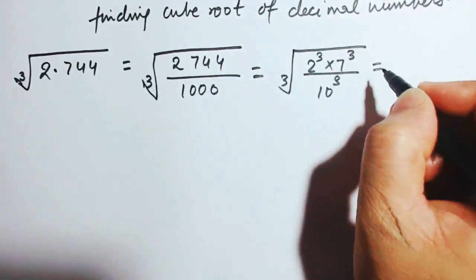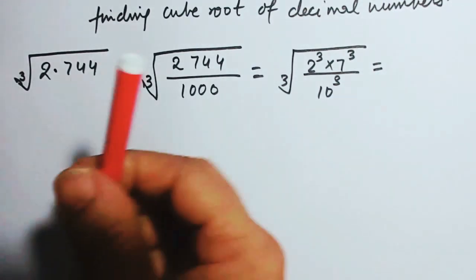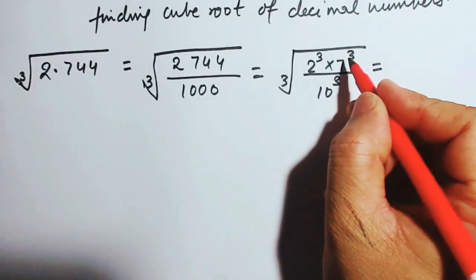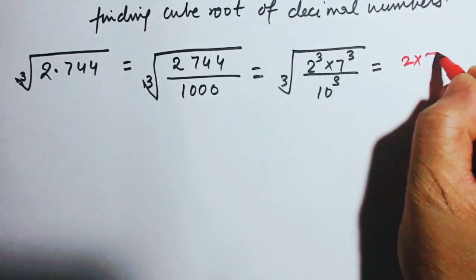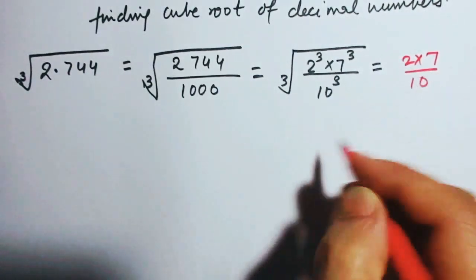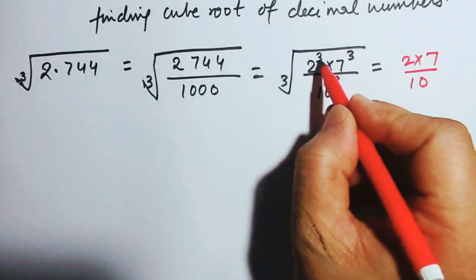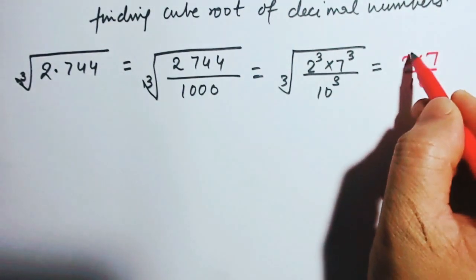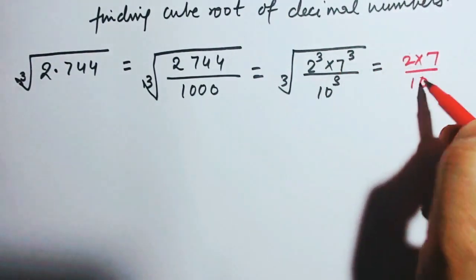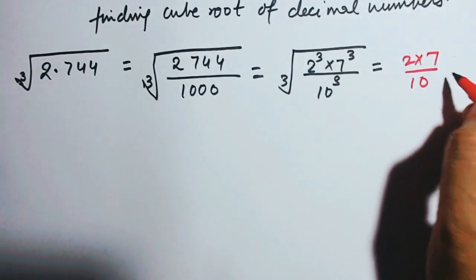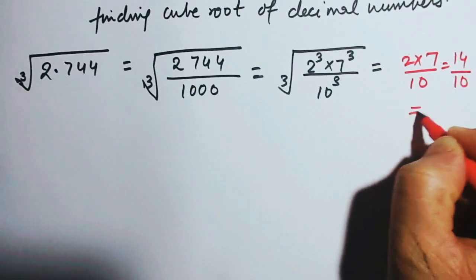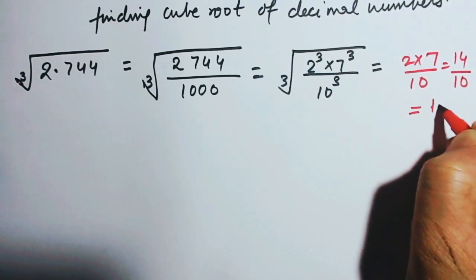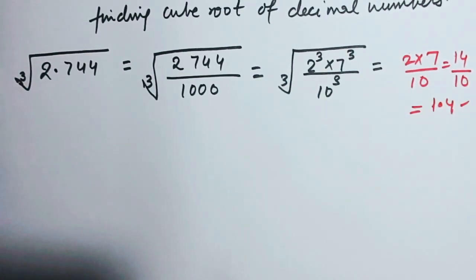And what did I tell you? At the end, please divide each of the powers by 3. So here you will get 2 times 7 by 10, 2 to the power 1, because when you divide 3 by 3, you will get 1. So 2 into 7 by 10 gives 14 by 10, and later on you convert it into its decimal as 1.4.